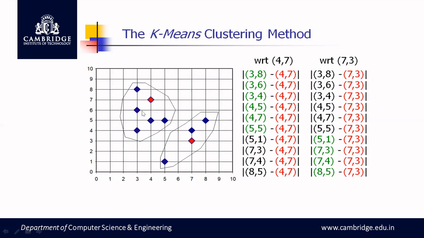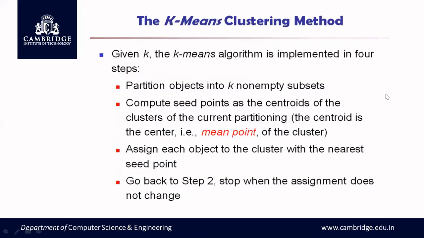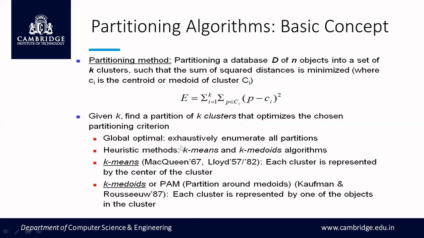Even if that belongs, then I will take 4 points. And assume that after 4 points, if I find the centroid and the centroid value is the same, I will come to know that at this point I have to stop clustering. So this process repeats, and this is called exhaustively enumerating all the partitions.